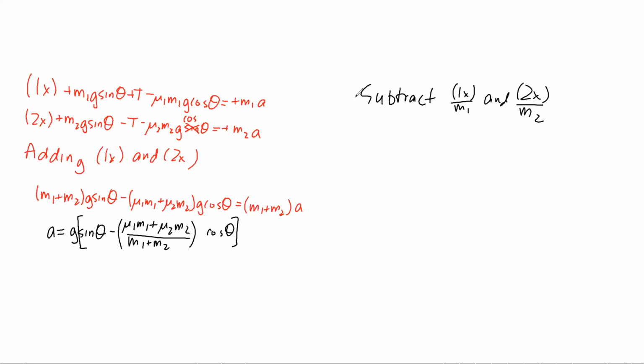So if I divide the first 1x by m1, I'm going to get g sine theta plus T over m1 minus mu1 g cosine theta equals a. And then same thing when I divide by m2. So when I do that, what am I going to get? Well, a lot of this stuff will cancel.